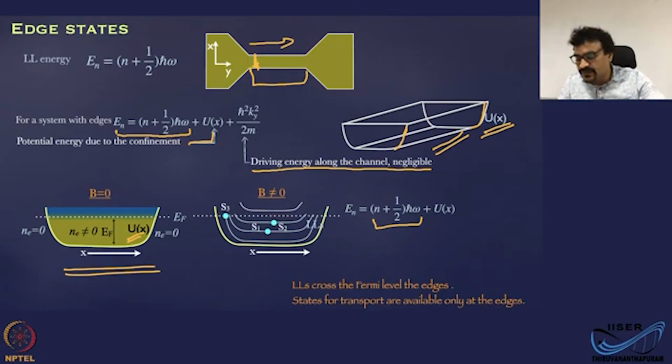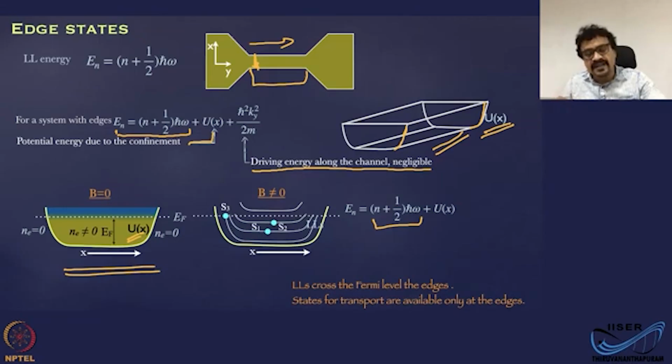Landau levels cross the Fermi level at the edges. This is the message, and these states are available only for transport, which happens only at the edge. So what we have now is, the moment you apply a magnetic field, the condensation will take over, but you also have the potential added to these condensed levels, Landau levels, due to these edges.